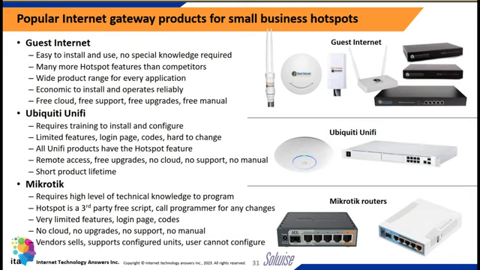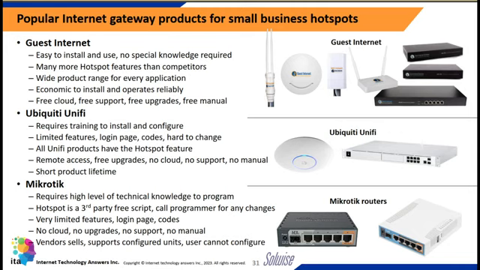So here are some product examples: Guest Internet, Ubiquiti UniFi, MikroTik. Guest Internet is extremely easy to use. It does not require specialized knowledge. Hotel managers install this, so that's how easy it is. And it has a lot more features than other products on this list. Very economic to install and operate. Ubiquiti UniFi is used a lot because people know this product.